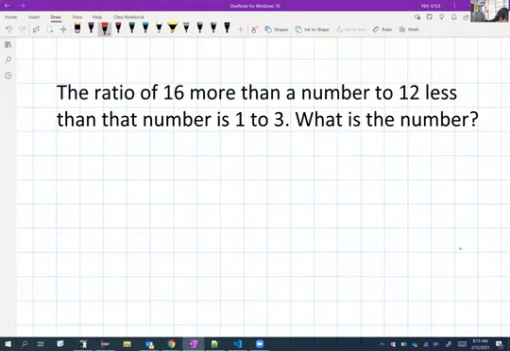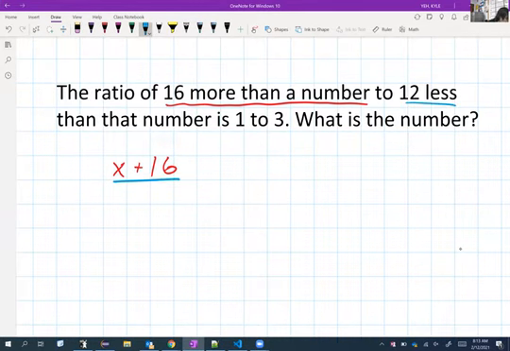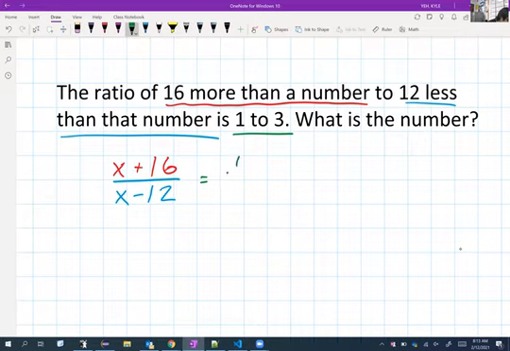The ratio of 16 more than a number, I'm going to say that that's some number plus 16, 16 more than that number, to 12 less than that number, means I need to start at the number and then go down 12. Start at the number, go down 12. Is 1 to 3. The ratio equals 1 to 3.